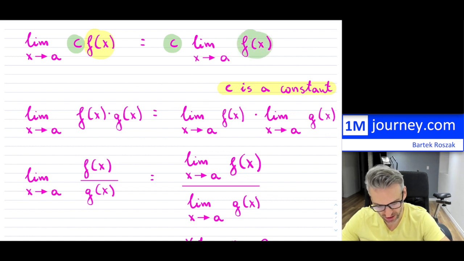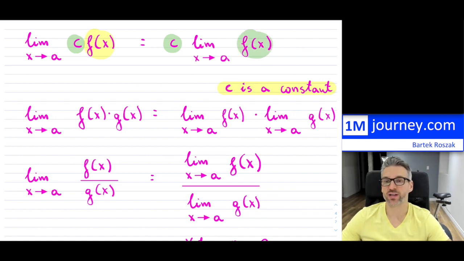And since we know what the limit of this is, we can just multiply it by c and we get our answer. So that's fantastic. And I'll show you an example of how that can be applied.